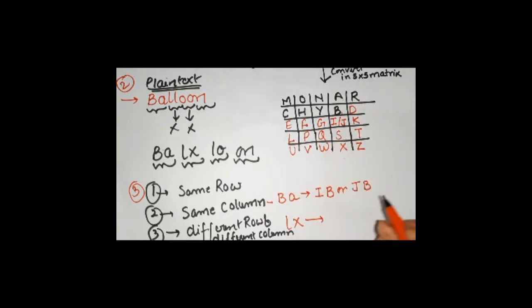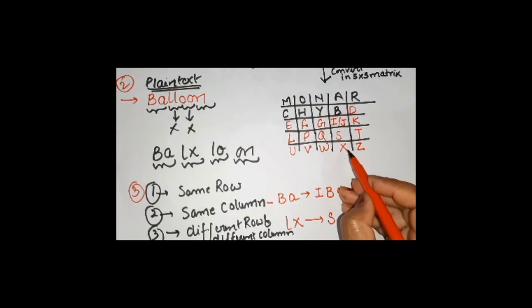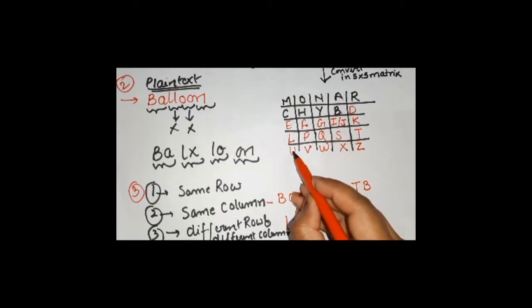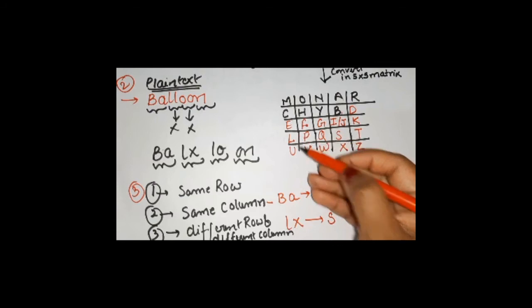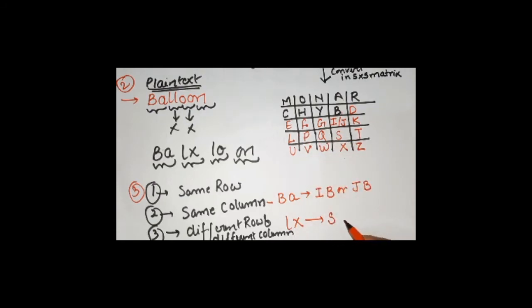So L will be replaced by S. Talking about X, X has to be replaced by the letter in its own row and the column of the other plain text, that is L. So X will be replaced by U here. I hope you can understand.